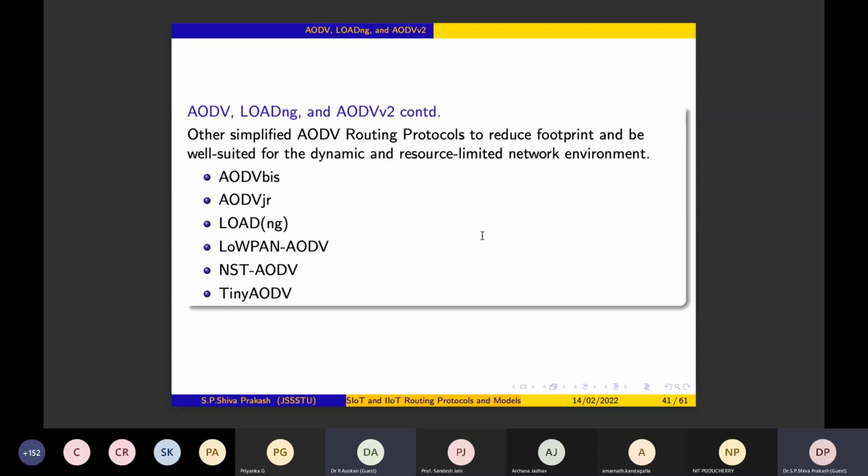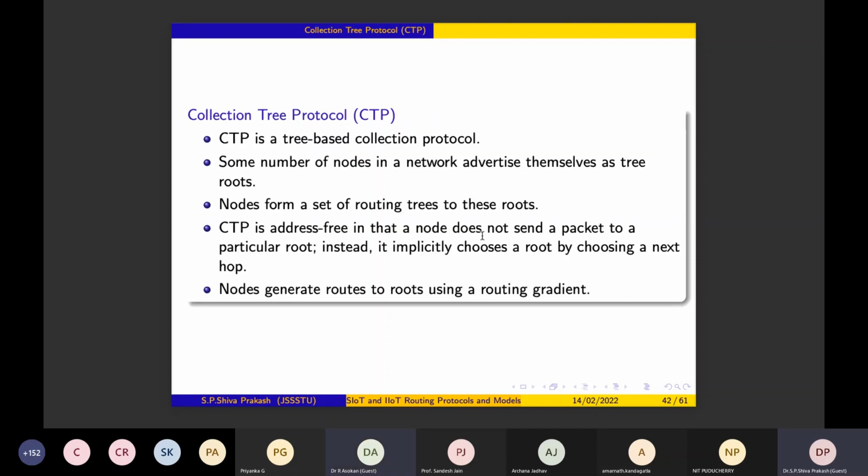For that we can use certain machine learning models to identify them. And there are AODV versions basically suited for resource-limited network environments, like AODV-based 6LoWPAN, AODV-NST, or tinyAODV. All of these can be utilized in SIoT-based applications like smart city or the prediction of available restaurants.